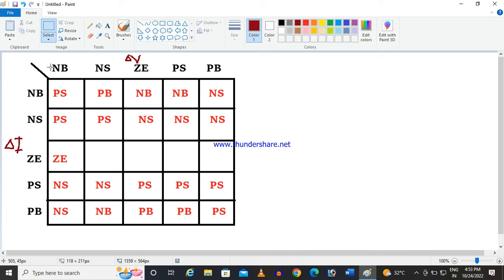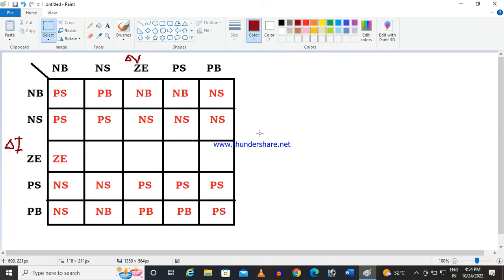So what is this NB, NS, ZD, PS, PB? These are the membership functions. NB means negative big, NS means negative small, ZD means zero, PS means positive small, and PB is positive big. So there are three fuzzy variables. One is del V, another is del I, which are inputs, and another is output, which is del D, that means change of duty cycle.